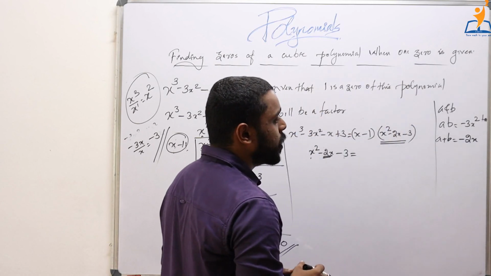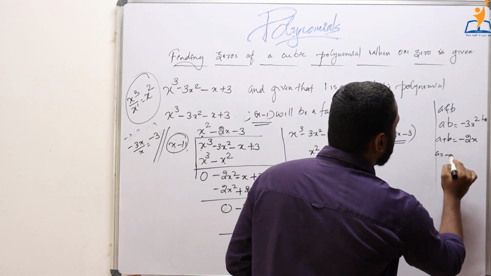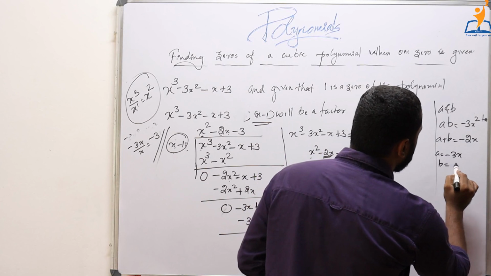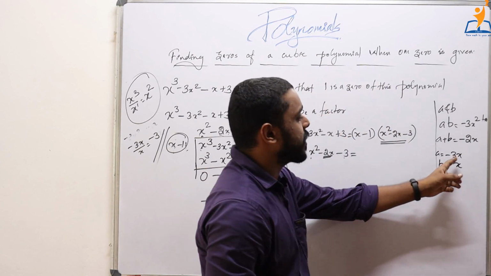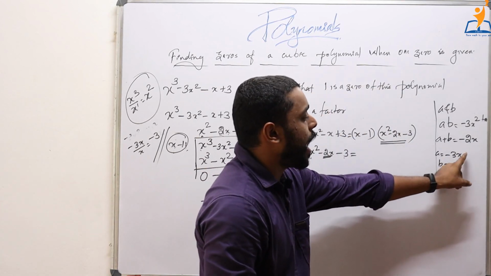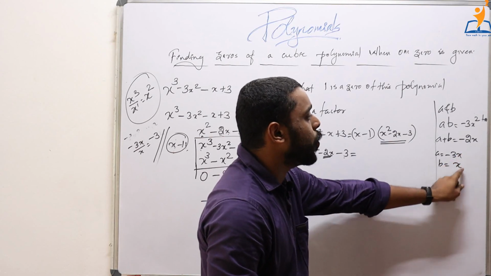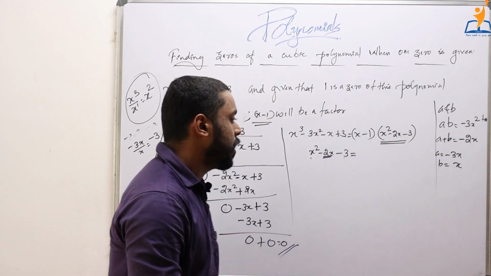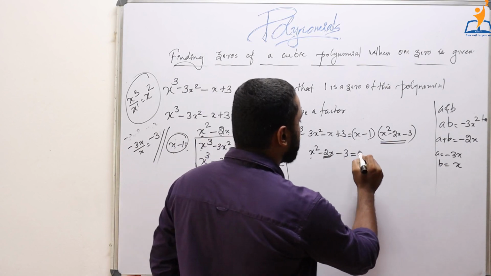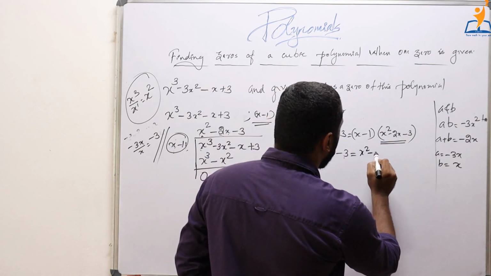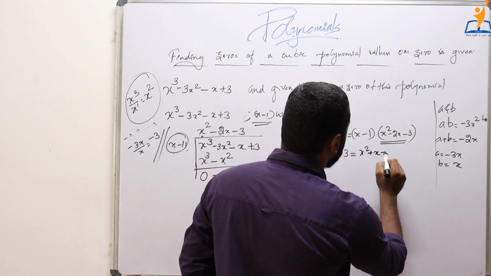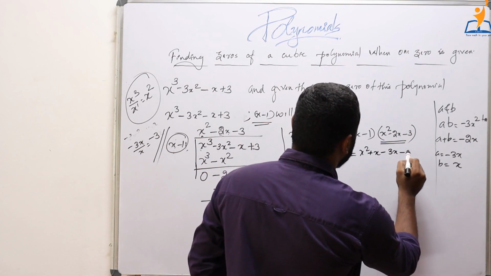So we can choose a as minus 3x and b as x. So minus 3x plus x equal to minus 2x, as well as minus 3x into x equal to minus 3x square. So we get, this term can be split as x square plus x minus 3x minus 3.